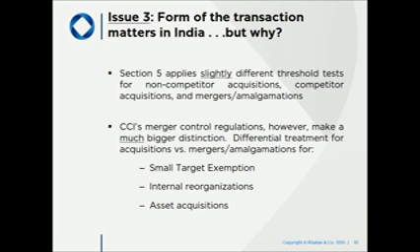The second bullet point, however, on this slide is much more substantial and much more of a surprising result than you might otherwise think, and that is that the CCI's own merger control regulations make a much bigger distinction on the form of the transaction. So what we are seeing in India is that differential treatment is being given to acquisition transactions versus merger and amalgamation transactions for things like the small target exemption, internal reorganizations, and asset acquisitions.